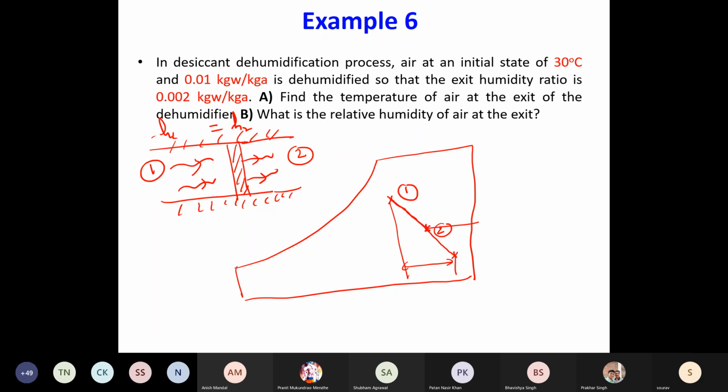Okay, and the reason is, if you are able to decrease the humidity content in your air, it means that water vapor has changed its phase into water. That's the only way you can extract water from air. You have to change the phase of water vapor to liquid water, and that's why the exiting air has less moisture content. Now, where does this latent heat of condensation go?